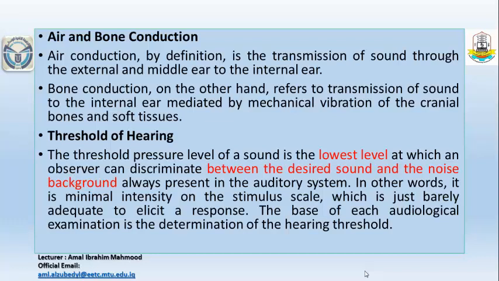Bone conduction occurs at the mastoid process, which lies behind the ear. The mastoid process transfers sound to the internal ear, and from the internal ear to the brain by the auditory nerve, and hearing occurs.